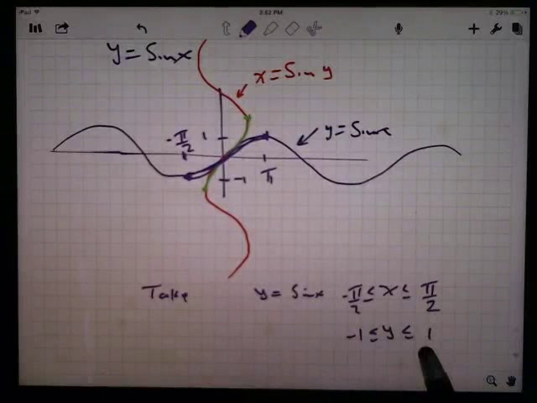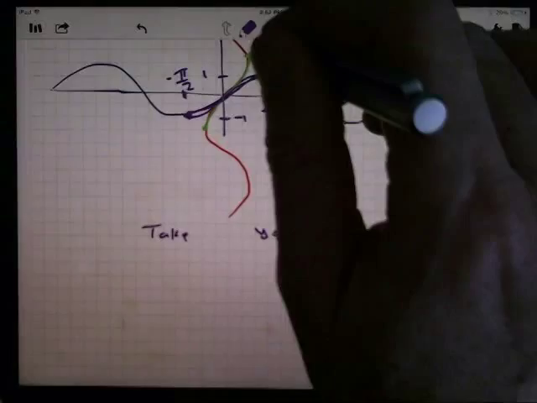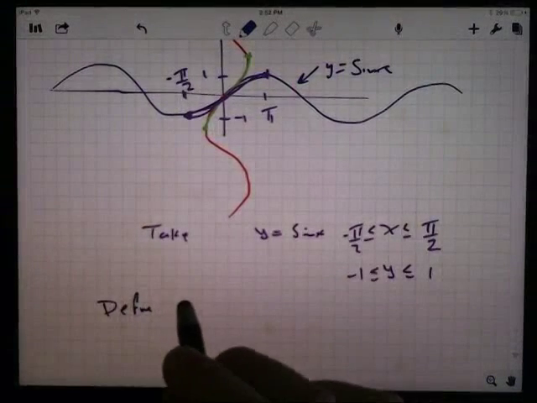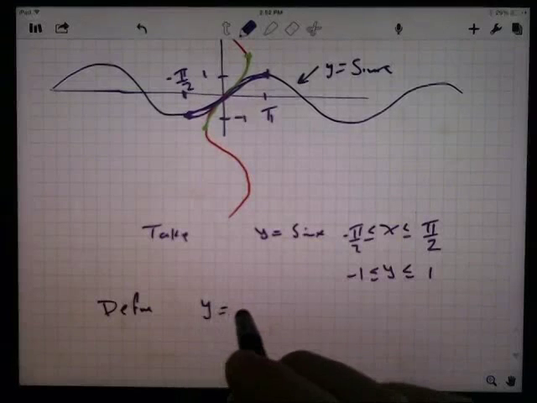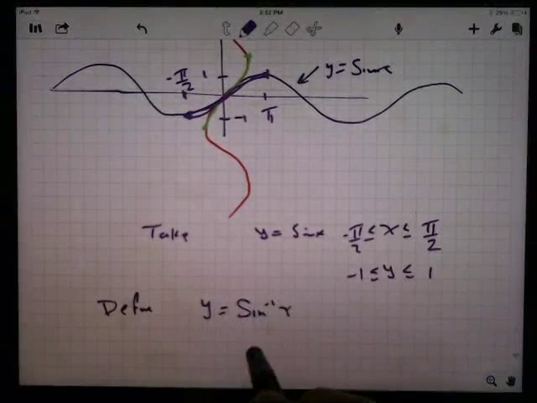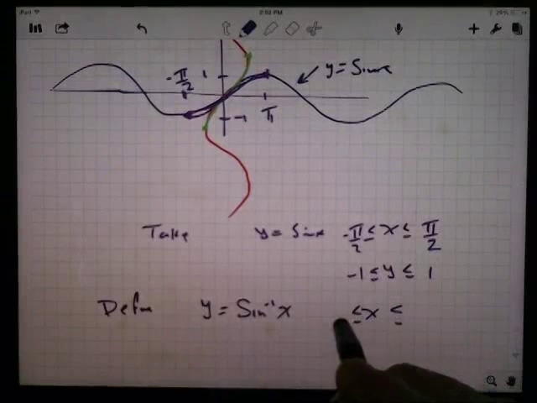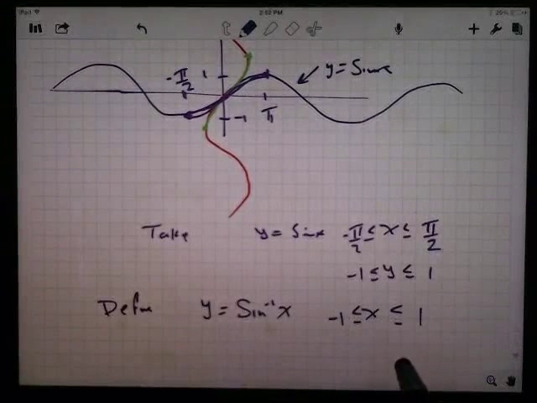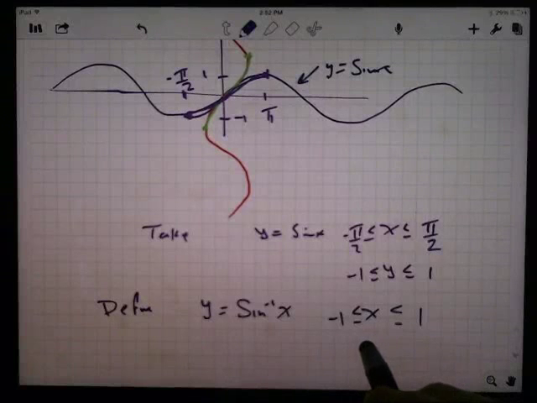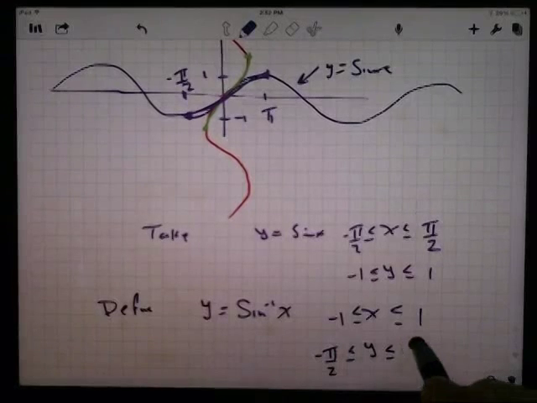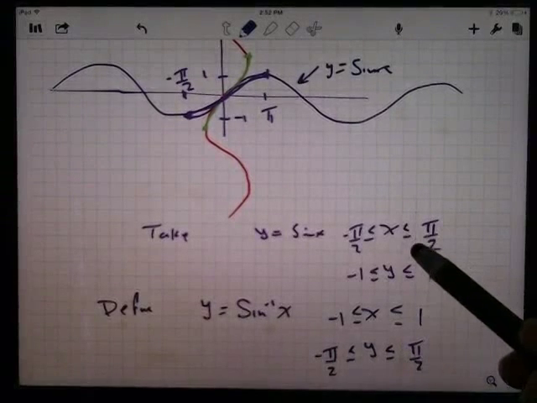So I'm getting everything, but I'm getting it only once, okay? And so then my inverse sine, define y equals sine inverse of x for the x values now between -1 and 1, and the y values between -π/2 and +π/2.